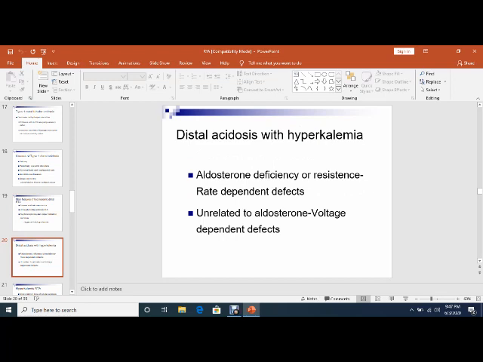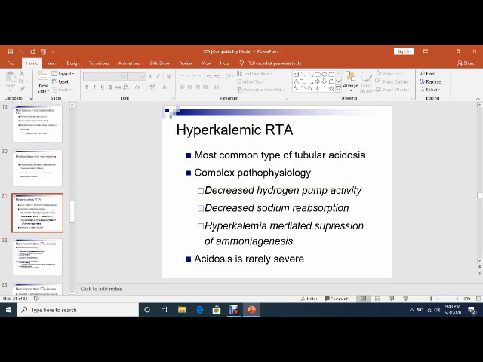Distal acidosis with hyperkalemia is called type 4 RTA. Here there is aldosterone deficiency or resistance, or a voltage-dependent defect unrelated to aldosterone, in which hyperkalemia takes place.